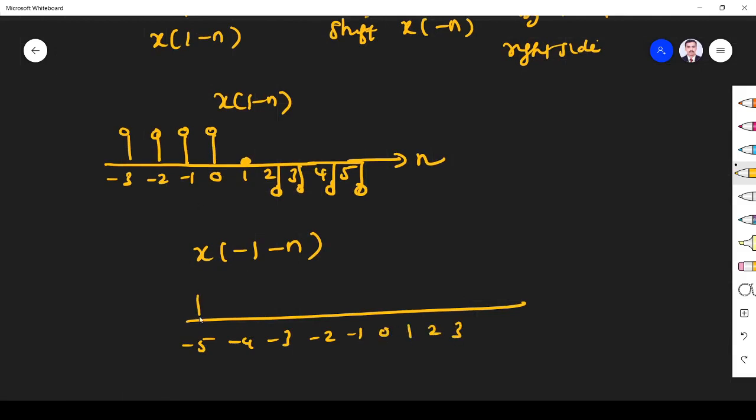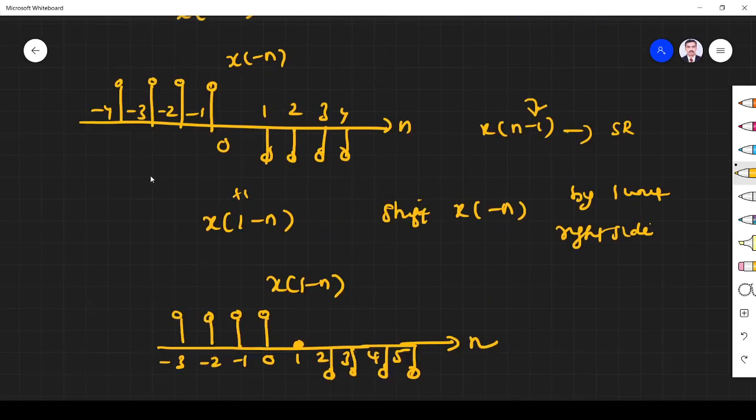So 4 samples, 1, 2, 3, 4. This is 0. Next, 1, 2, 3, 4, right? This is x of minus 1 minus n.